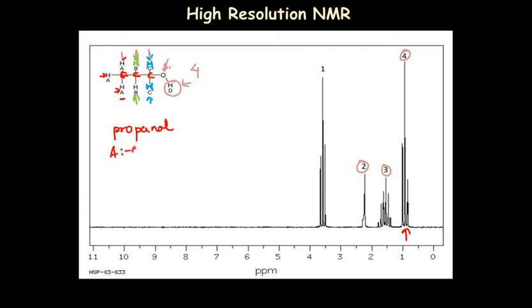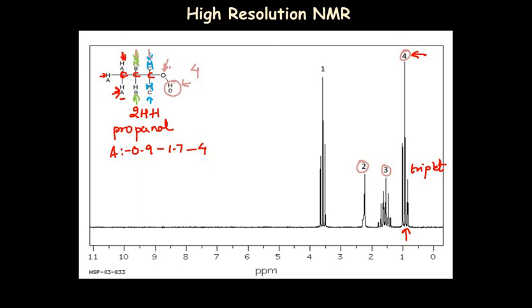Now the splitting of signal A: the fourth peak is produced by the A type of hydrogen here, and it is split into a triplet. Let's study why. This A type of hydrogen has an adjacent carbon with 2 protons. As we have seen, the splitting will be 2 plus 1.